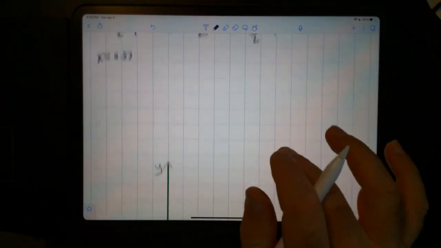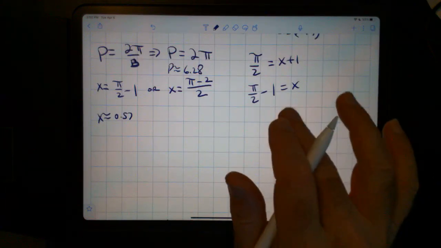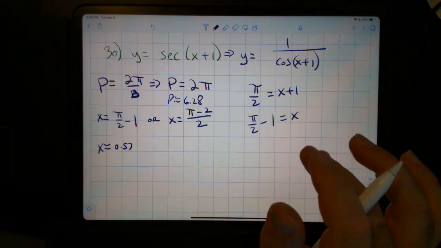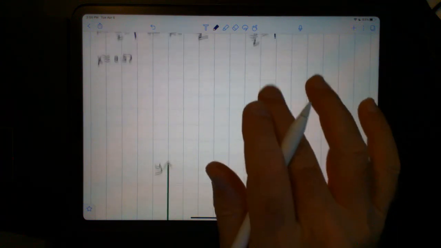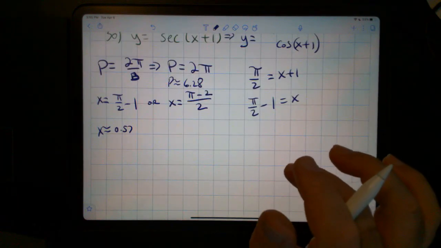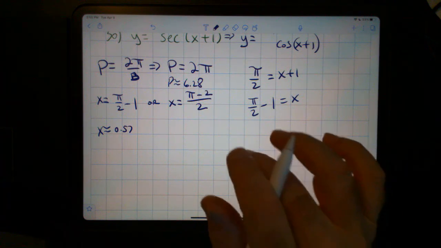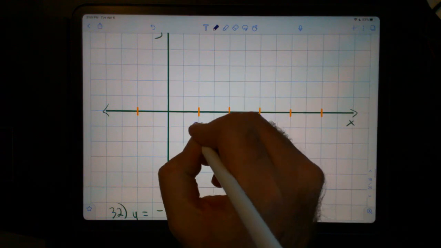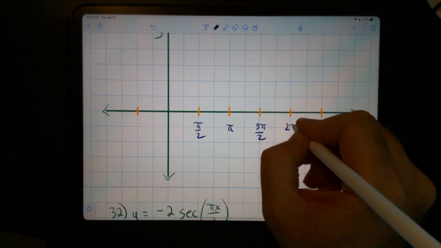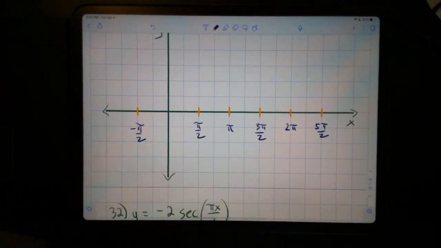So let's go with pi over 2, pi, 3 pi over 2, 2 pi, 5 pi over 2, and then we have negative pi over 2.